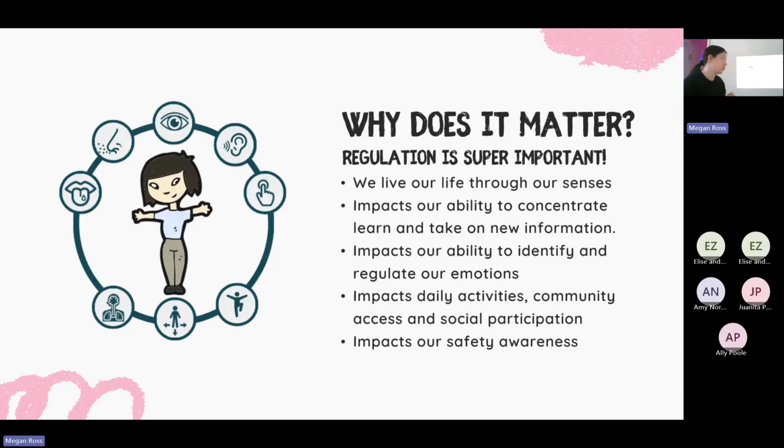And then even in social participation, the way that our sensory profile is might make things hard. I've worked with a couple of young people who are sensitive to touch, and so they don't like hugs, or they don't like it when someone rubs their back affectionately, but that's really uncomfortable for them, maybe even painful.